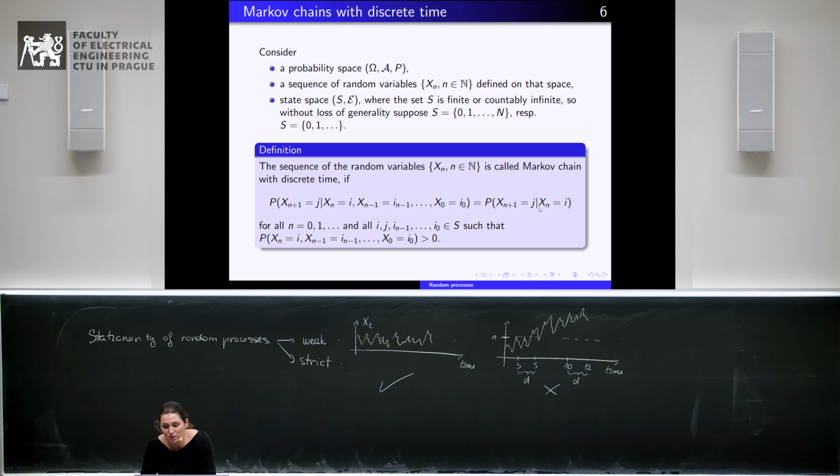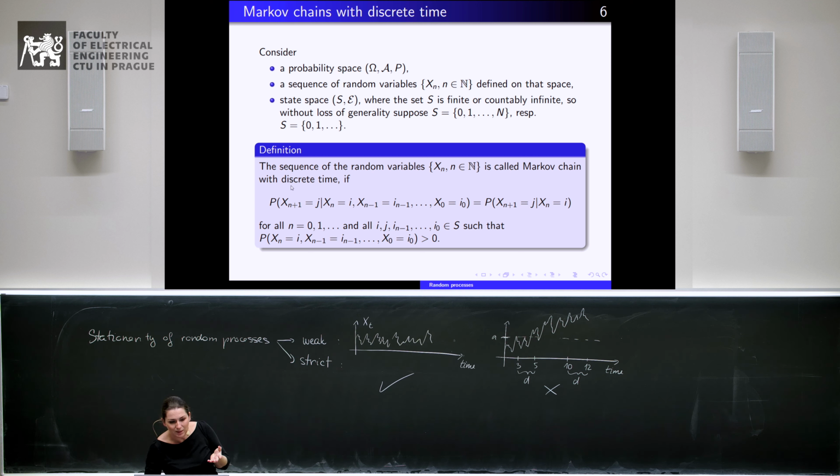How can we imagine this situation? Imagine it so that n is the time now. So now, the process, the evolution of some random values, is in the state, in the value I. And the probability that in the next step, the process will be in the state J is independent of the previous evolution.